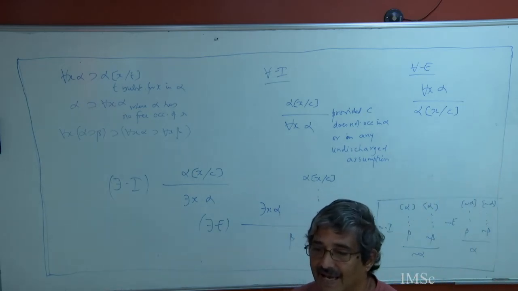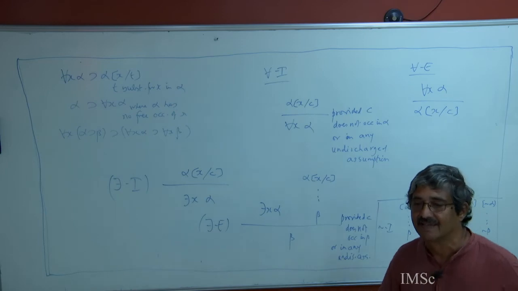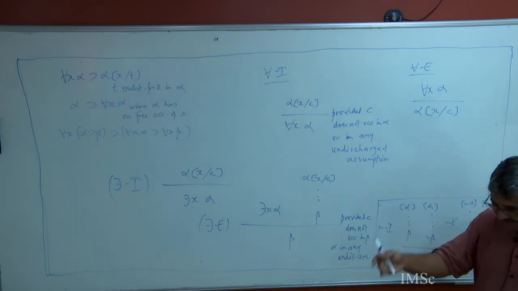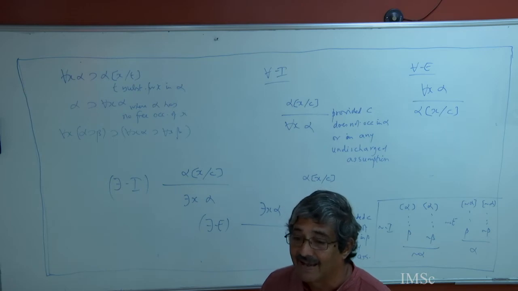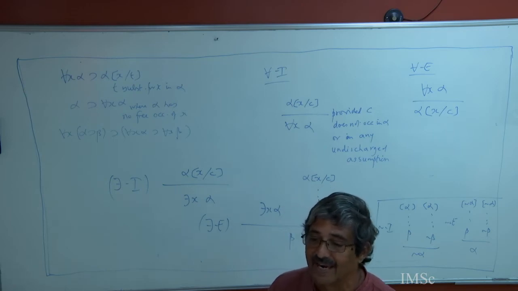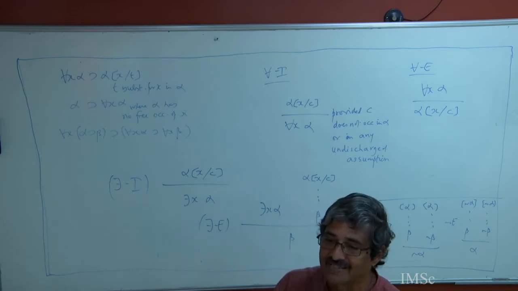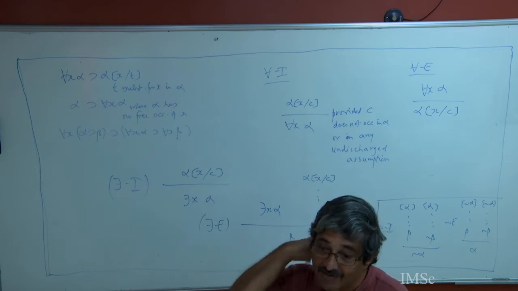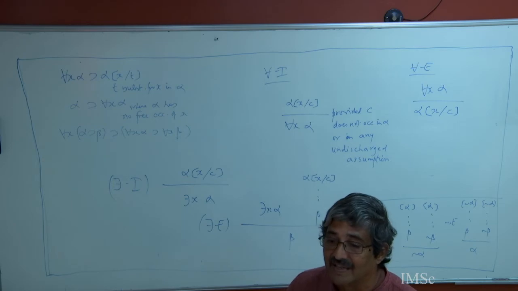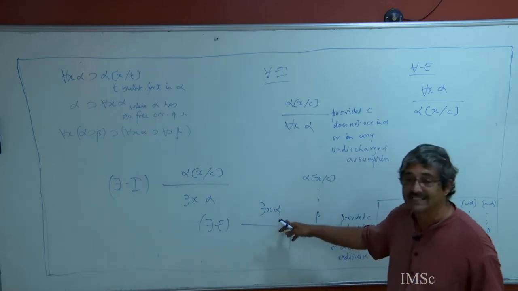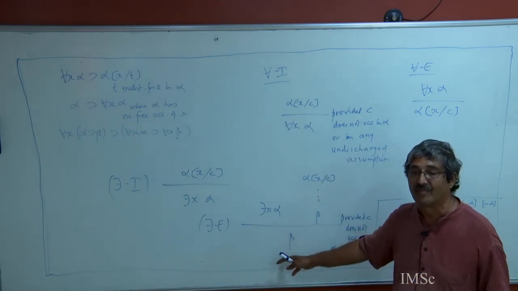Well, consider a particular element, c. I do the entire work and I conclude beta and say but I did not use any property of the element. Haven't you seen proofs of this kind? Where you say there was no distinguished character of this particular element, therefore the assumption that there existed one was enough for me to conclude.